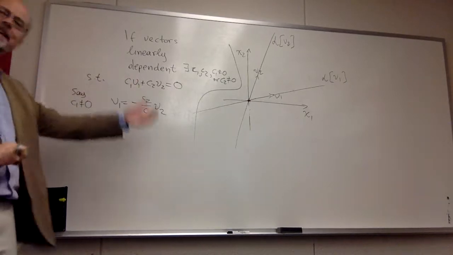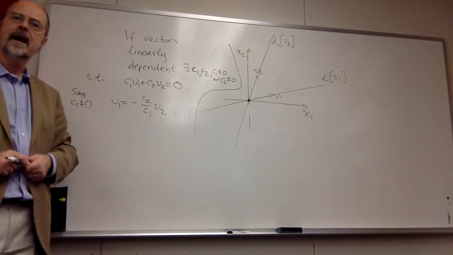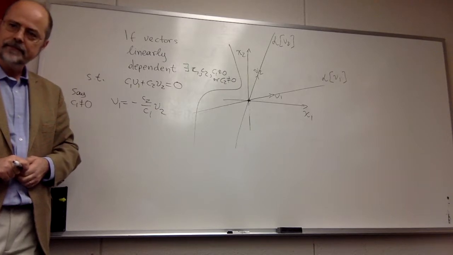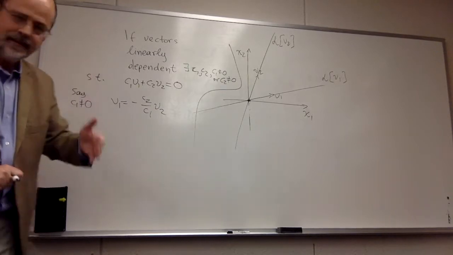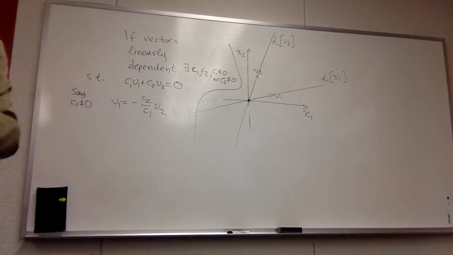This expresses in another way that these two vectors are on the same line, and that from one you can get the other. So they contain essentially the same instructions for forming a line. They are redundant in that sense. They give the same information.